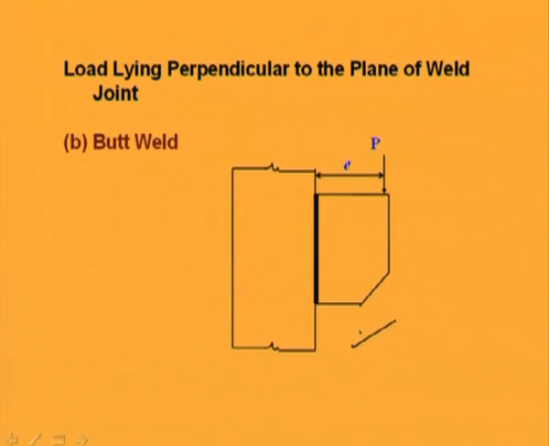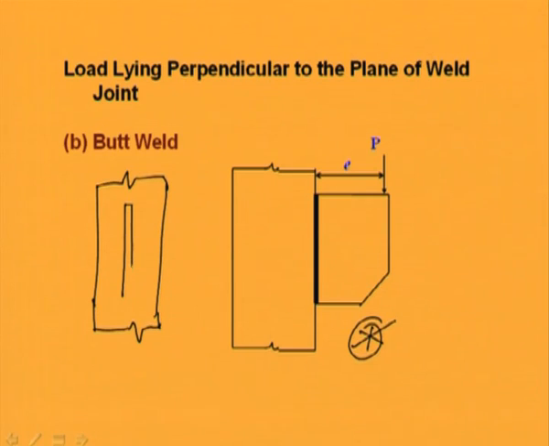This type of joint, as we have seen earlier, we can join by the use of fillet weld, as well as this type of joint can be made by the use of butt weld. So, if I see in the plan, we will see the butt weld be like this, right.